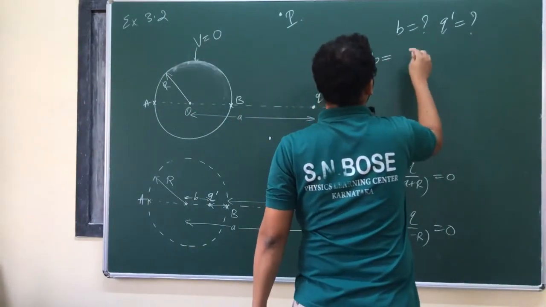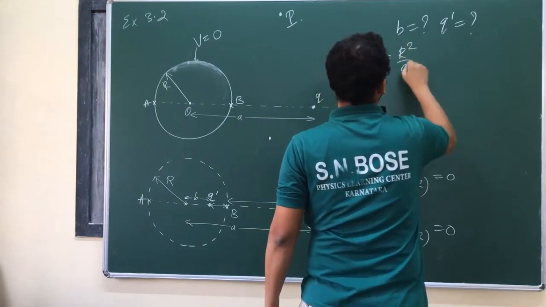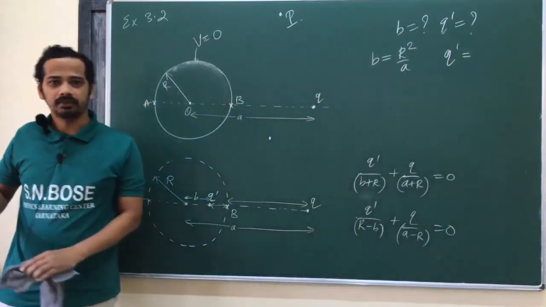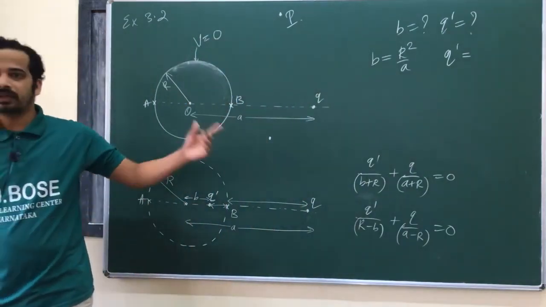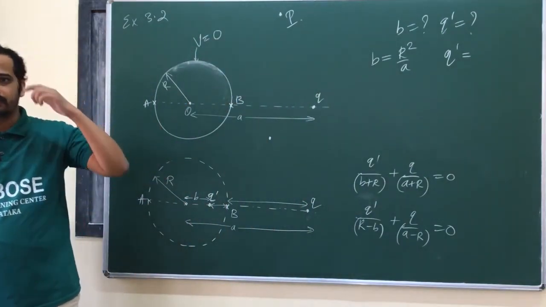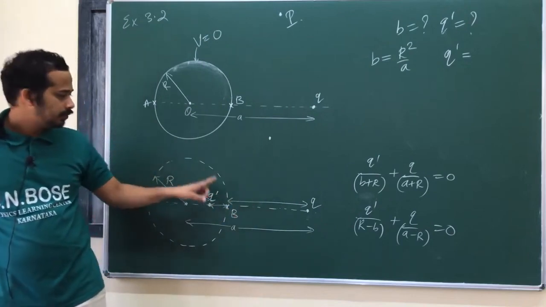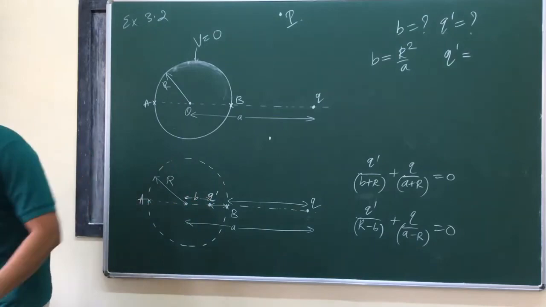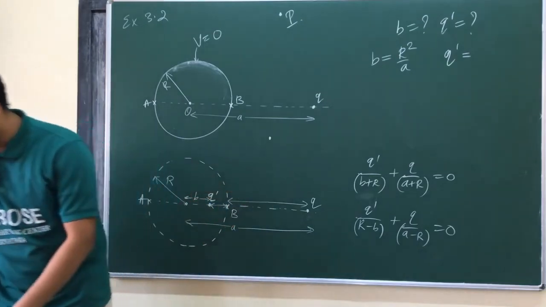So then you will end up with this. B will be equal to, I think, R square by A. Q prime, obviously you can guess, should be negative. But what is the magnitude? That's not minus Q here. If this Q prime is minus Q, that will not make this spherical surface zero potential. Its magnitude you have to find using these two equations.